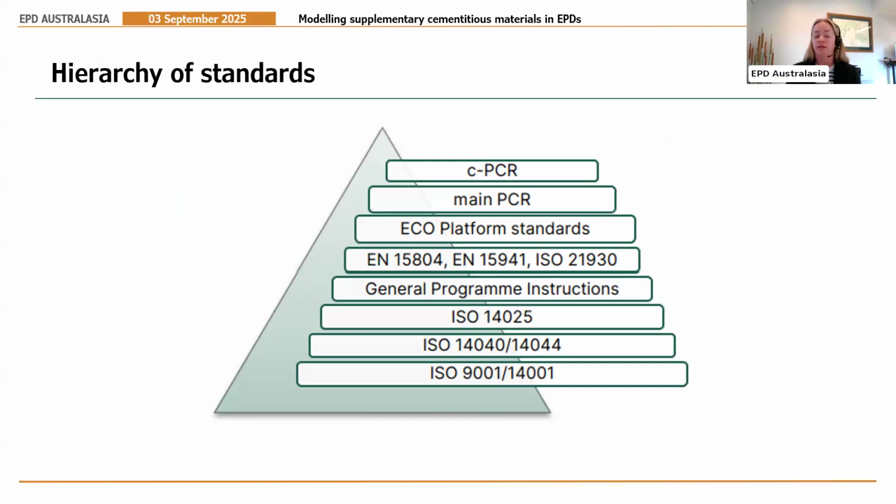That says we need to develop our own program rules. So that's our general program instructions. We then build in other standards that are relevant to that, for example, EN 15804. The next layer you see is those eco-platform standards, and that's that industry body really working to harmonise those program rules, which feeds down to the PCR. Next slide, thanks.